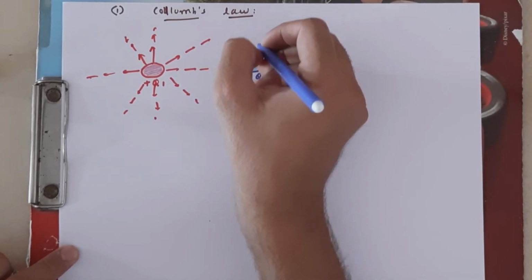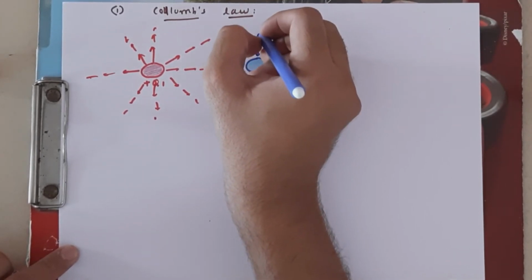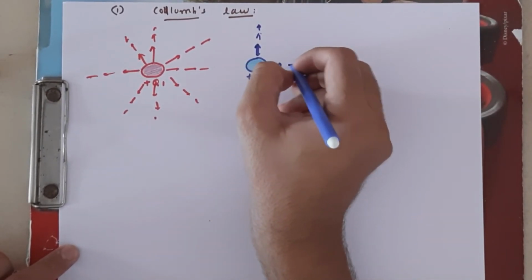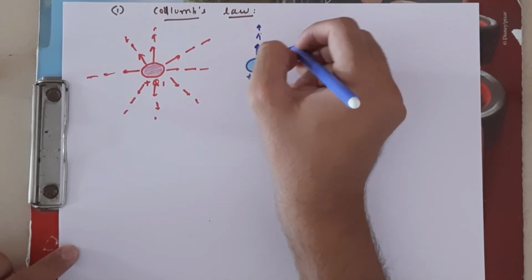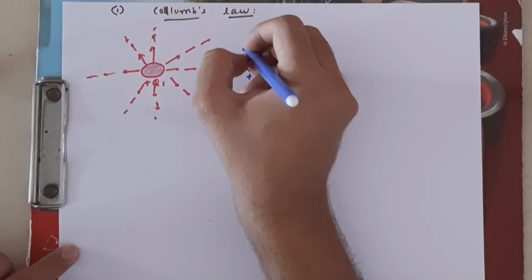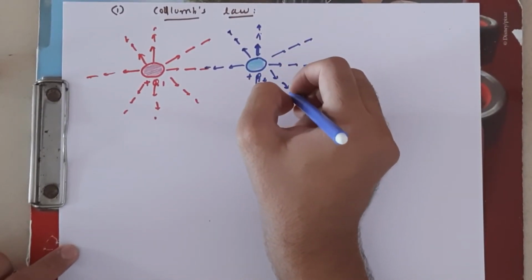This charge is also positive, so it also generates an electric field in the outward direction. You can consider negative charges also, but here both charges have the same polarity, both positive, so they generate electric field in the outward direction.